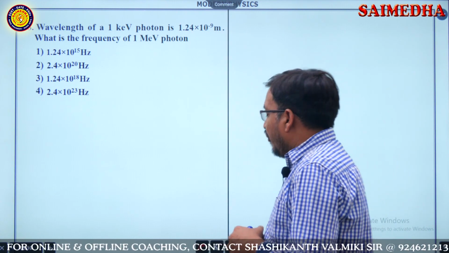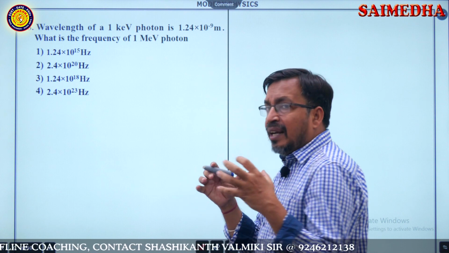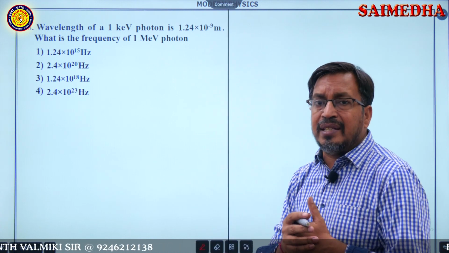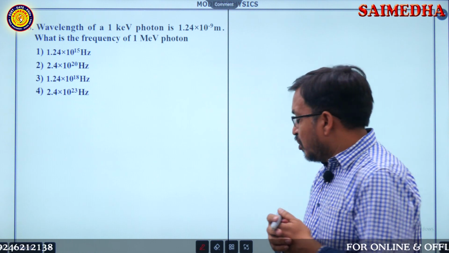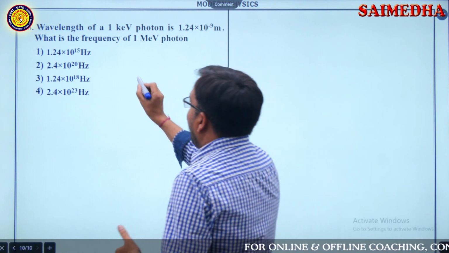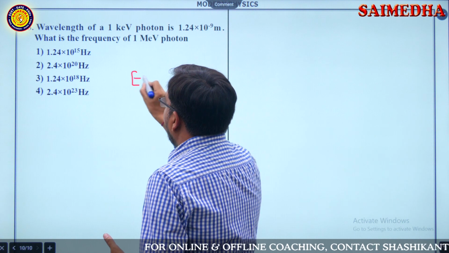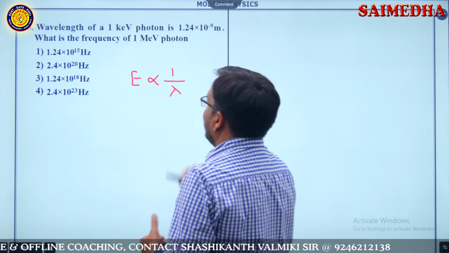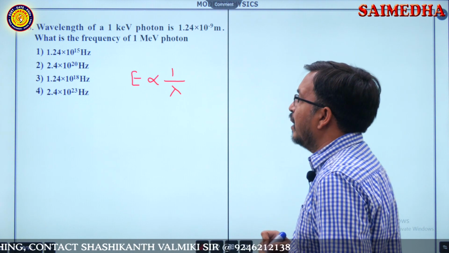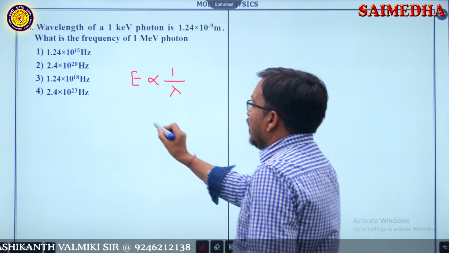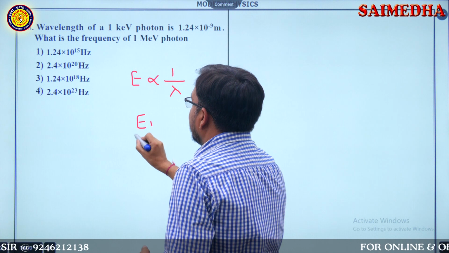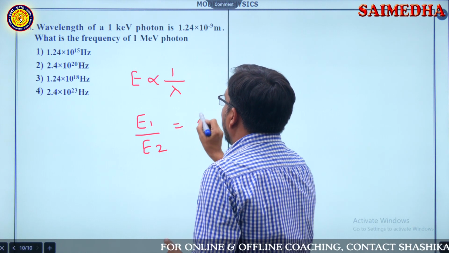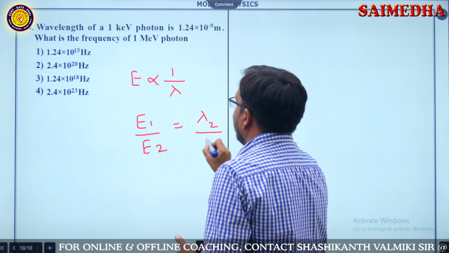First there is a relation between energy and frequency, and energy and wavelength. From the data, E is inversely proportional to lambda. So E1 by E2 is equal to lambda 2 by lambda 1.